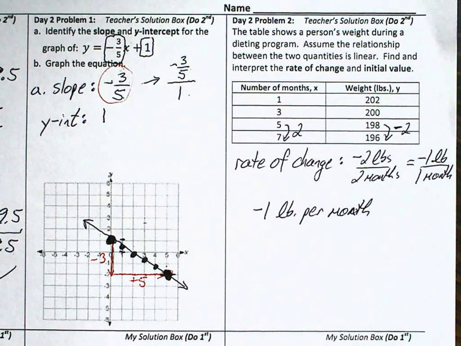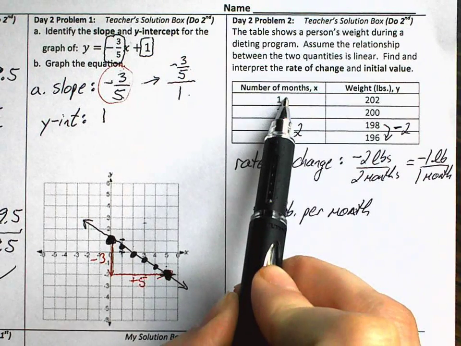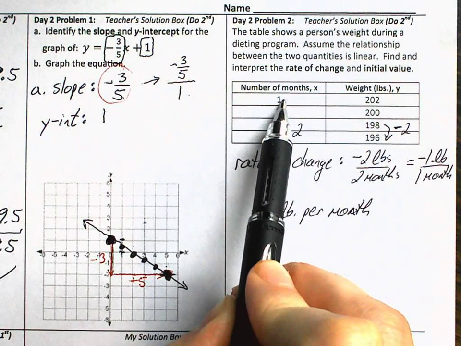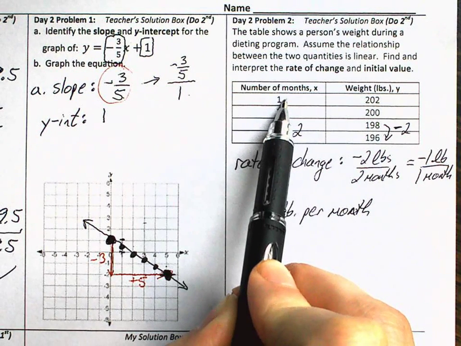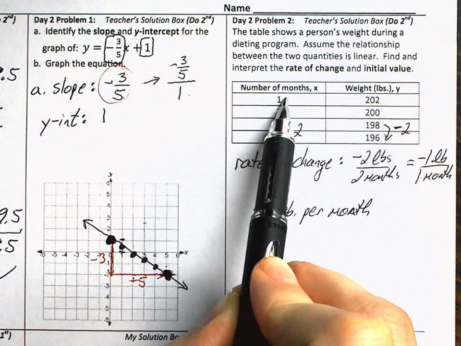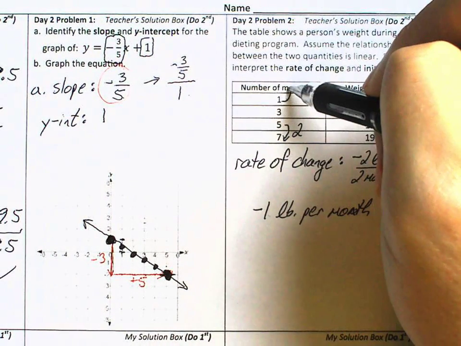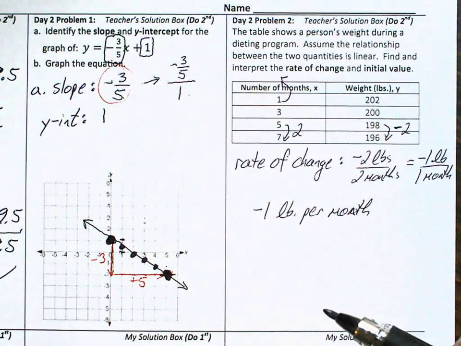Let's get the initial value. What was the person's weight to begin with before the person started the dieting program? Well, there's not a row that has 0 for x, but we can use the first row of the table and work backwards to find out what would be the weight when x is 0. We only need to go backwards 1 month of time.